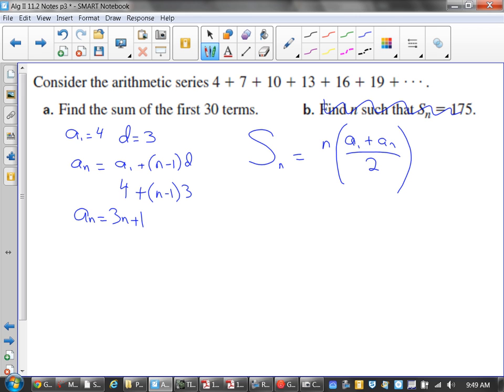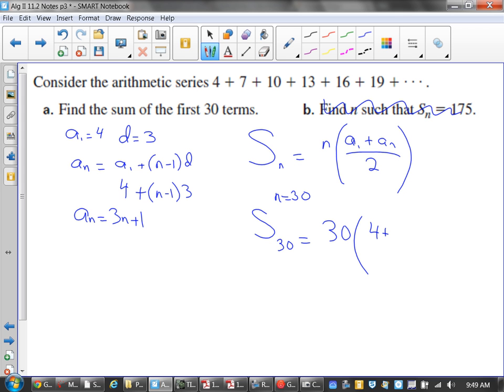I want to find 30. So the sum of 30 of them is going to equal 30 times 4. Very good. Now, I have to use a sub n, where it's a sub 30.